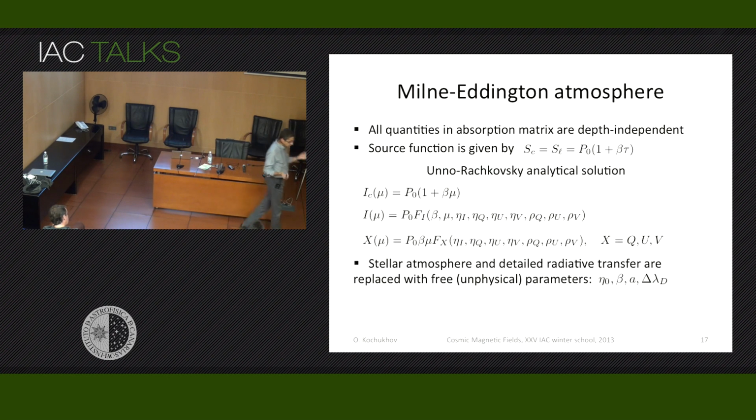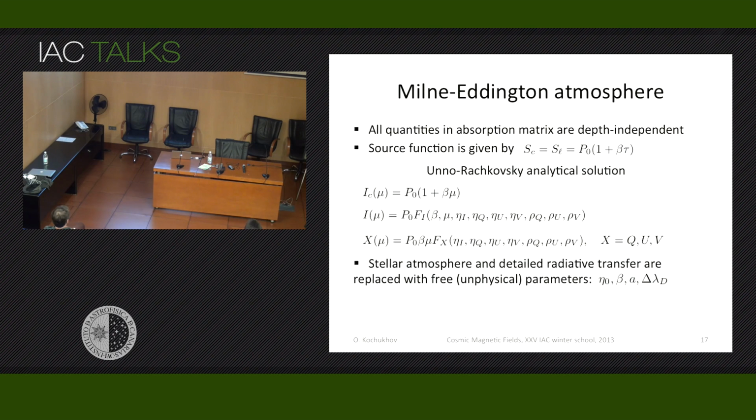This analytical solution is a rather long expression giving how I and each of the Stokes parameters depend on beta, this constant that enters here, mu, the cosine of the angle between the line of sight and the normal to the surface of the star, and these etas and rhos, which are constant.